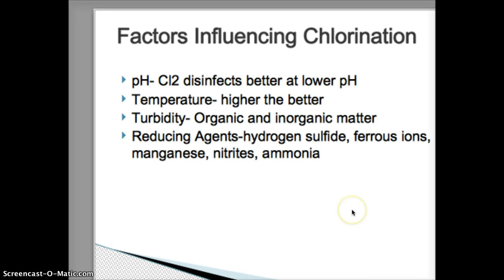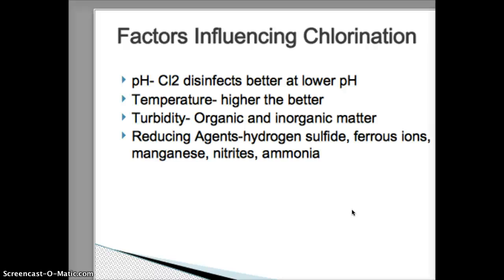Okay. So, factors influencing chlorination. As we already said, the pH is a factor, and chlorine disinfects better at lower pH. The temperature, the higher the temperature, the better. Turbidity, organic and inorganic matter.